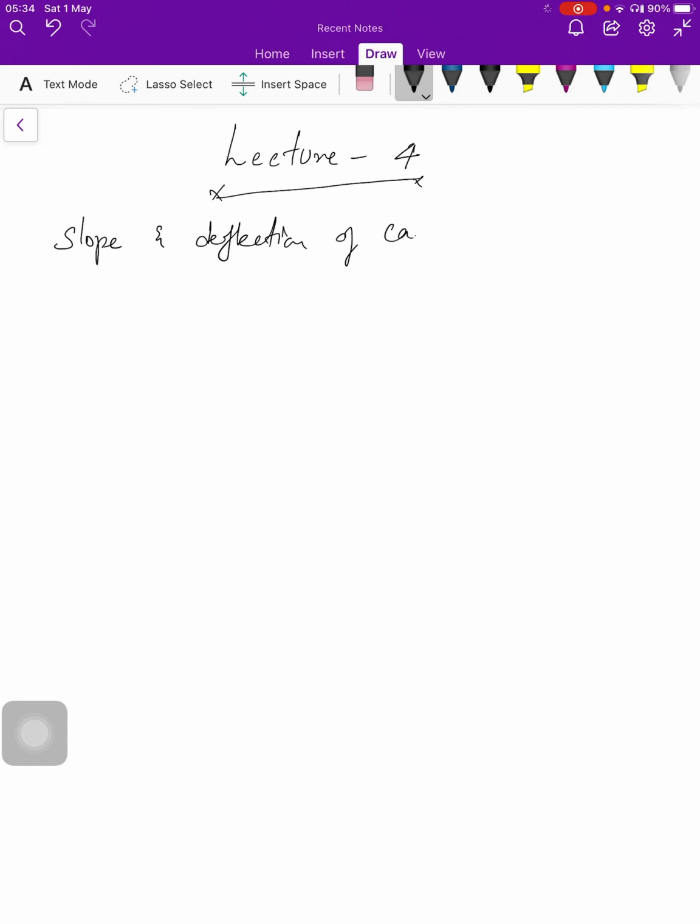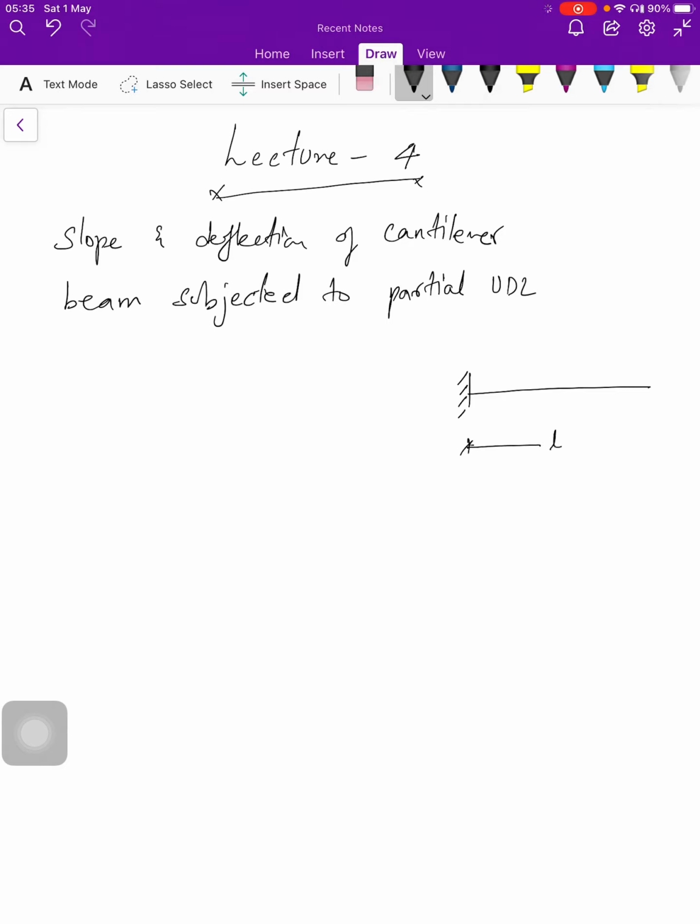Slope and deflection of a cantilever beam subjected to partial uniformly distributed load. So what is the meaning of partial load? Suppose you have a cantilever beam like this, of span L, and you have a uniformly distributed load of W kilonewton per meter, whose length is less than the length of the beam.